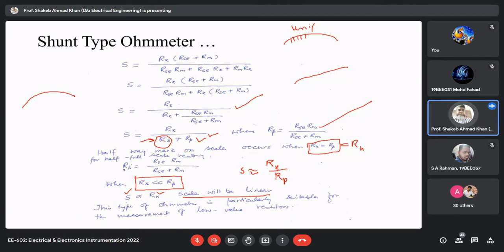And sometimes you'll find the divisions are not the same throughout. They are very close at the starting, then as we go to the higher scale side, the distance between divisions increases.